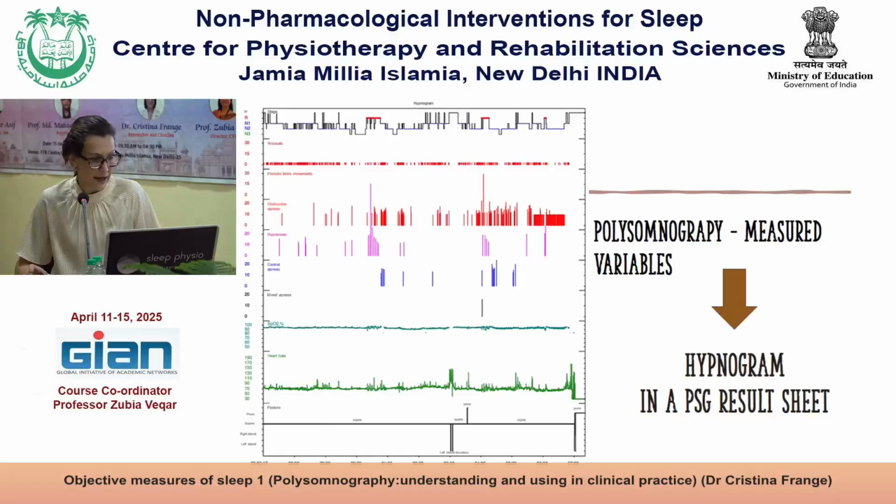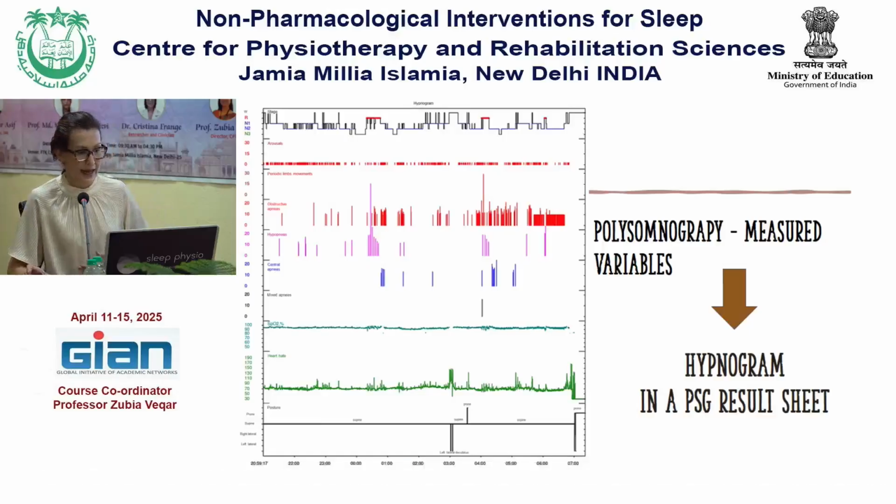Looking at the bottom, you see the hour. 9, 10, 3 in the morning, 7 in the morning, okay? So we have to read the exam like this. This is the first half of the night, and this is the second half of the night.